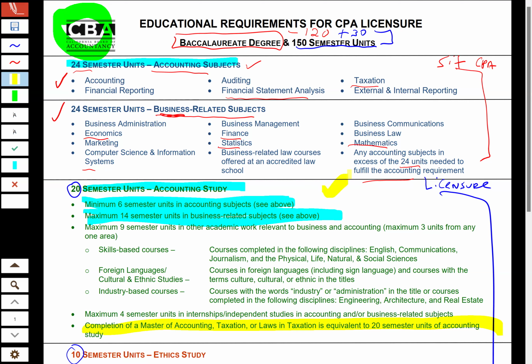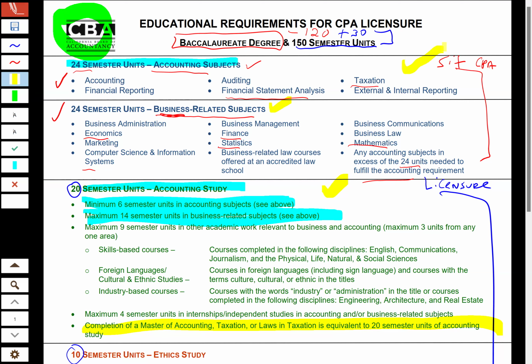So sometimes in their undergraduate, students may study something else, say computer science, and they can then use their study in their master's degree where they focus on accounting, and most master's degrees would get you up to 24 units of accounting.